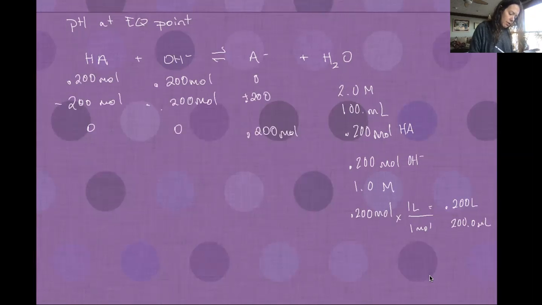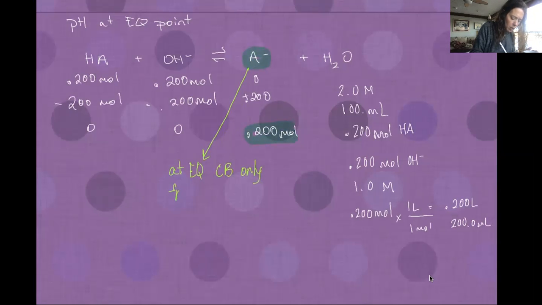It will be the only thing present at that given moment of time. All right. So what we have here is, at the equivalence point, the conjugate base is the only species present.